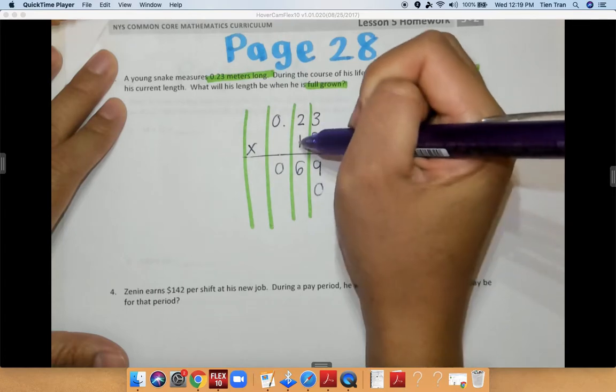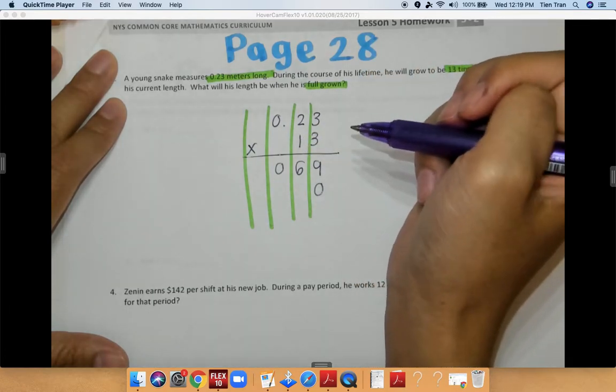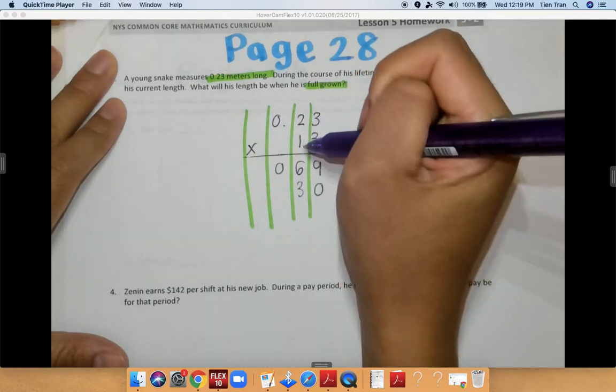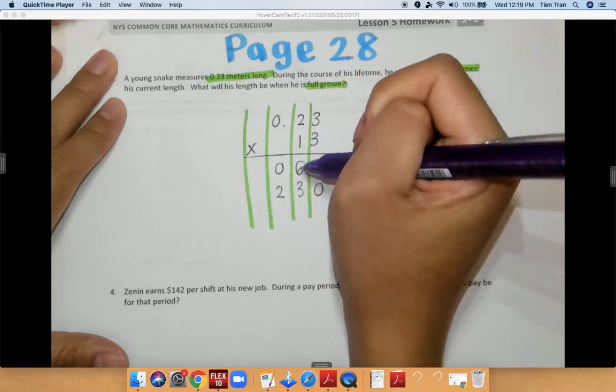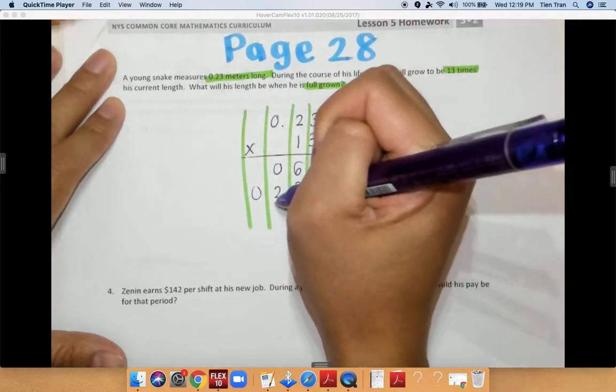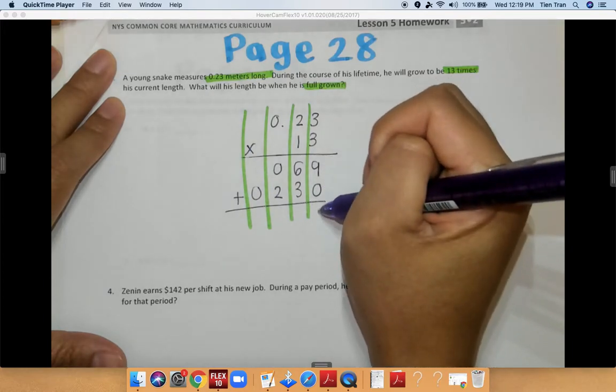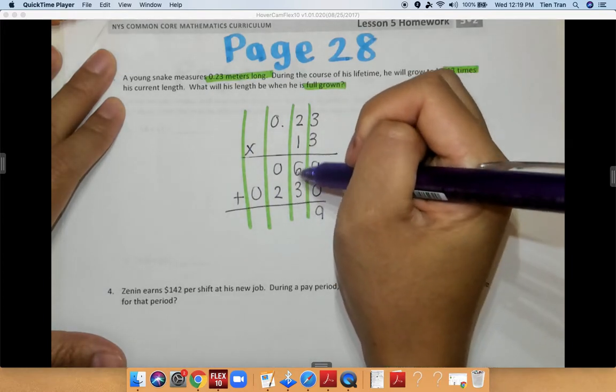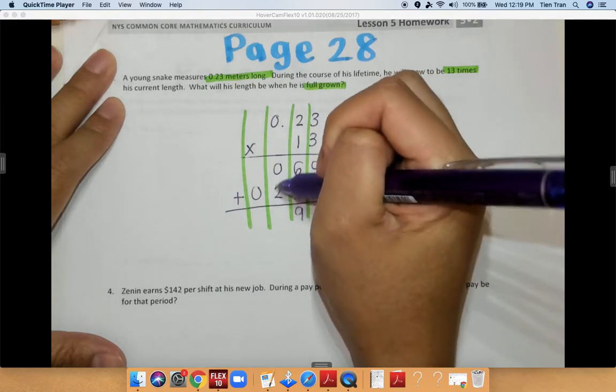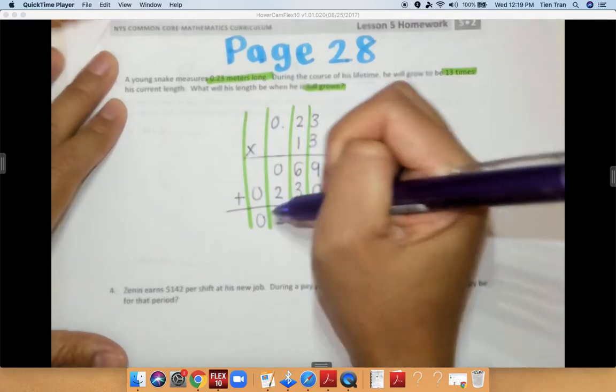Bring down my 0 because I'm multiplying in my tens place. 1 times 3 is equal to 3. 1 times 2 is equal to 2. And 1 times 0 is equal to 0. I'm going to add everything together. 9 plus 0 is 9. 6 plus 3 is 9. 2 plus 0 is 2, and bring down my 0.